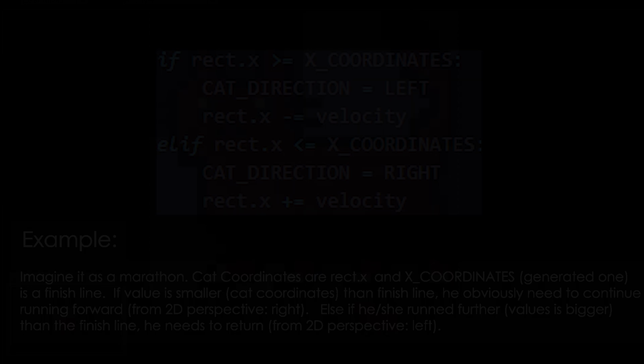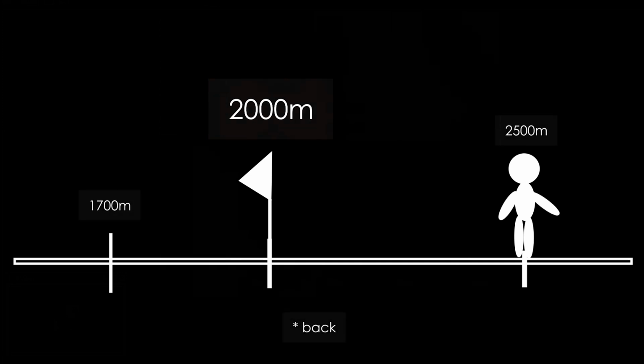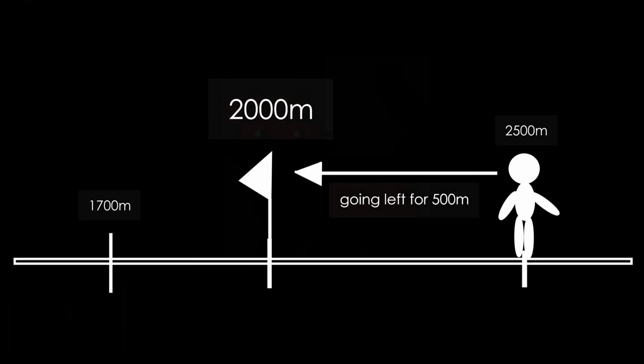Because if the finish line is at 2000 meters, but I have run 2500 meters, then I need to run backwards to the left side.